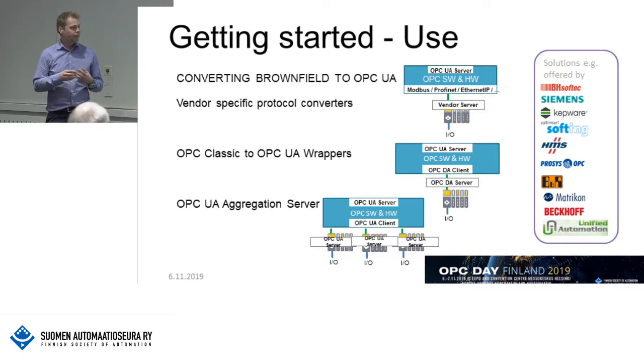And the third is that you already have OPC UA servers, but there are many reasons, typically the lack of security of the embedded OPC UA servers, or the need to maintain the connections in a more centralized way. You need an aggregating server.